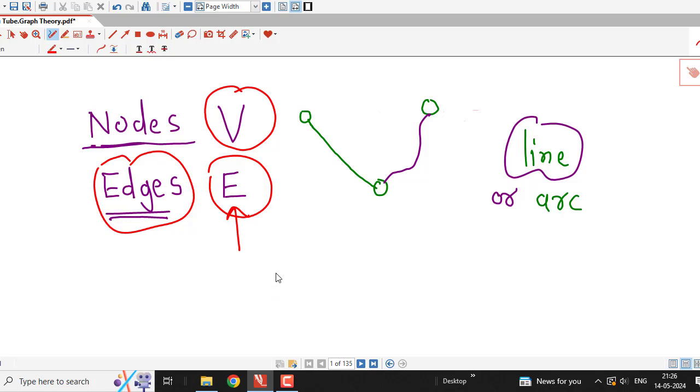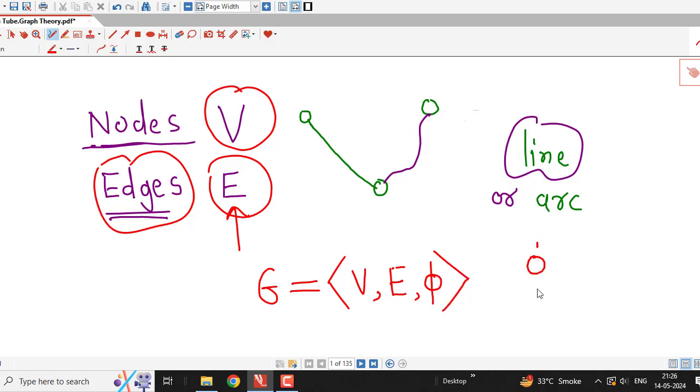So a graph is defined as an algebraic system in which we have a set of vertices denoted by V, a set of edges denoted by capital E, and a function denoted by phi from the set of edges to the set of vertices.